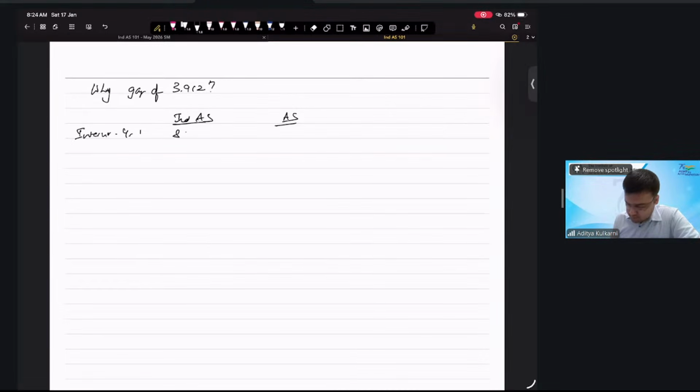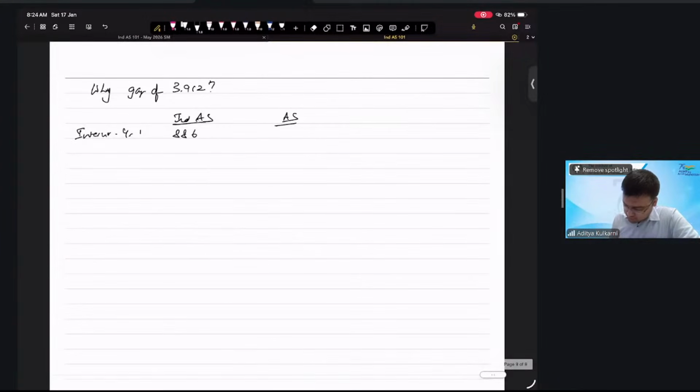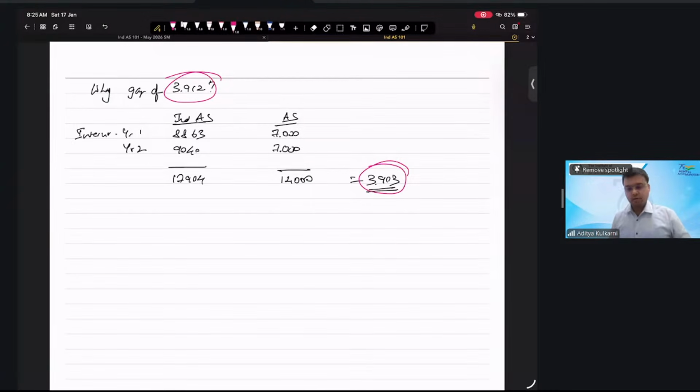Year 1, 88,639, 9,049. First year 7,000. Second year also 7,000. 17,903, 14,000. Did you see this? Yes. Apart from rounding off, this gap is there.